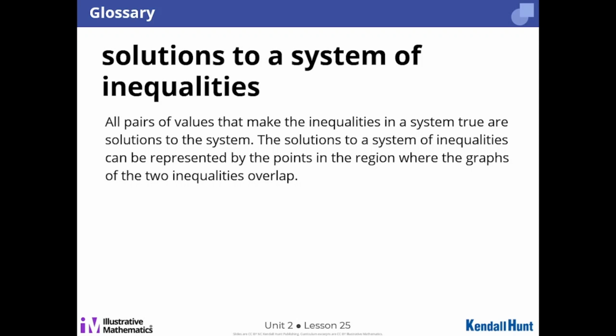For glossary terms, our first term is solutions to a system of inequalities. All pairs of values that make the inequalities in a system true are solutions to the system. The solutions to a system of inequalities can be represented by the points in the region where the graphs of the two inequalities overlap.